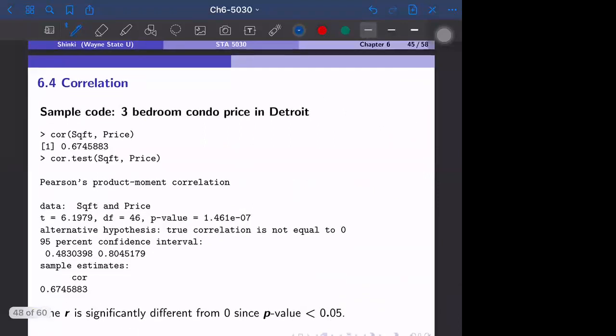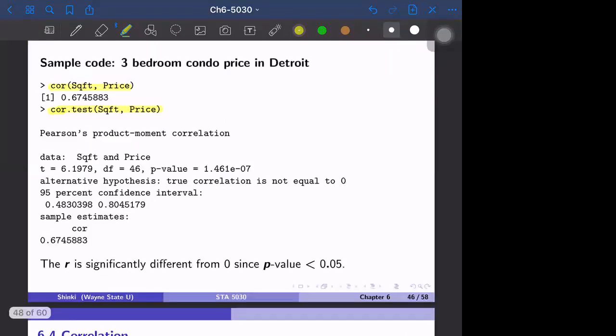This is the sample code for the condominium price in Detroit, and the correlation is actually 0.674. You can see in an earlier slide how strong the relationship is. If we test the correlation between these two, we get some numbers. This is actually not Fisher's transformation, and it uses a different test, but it returns that the p-value is very small, so it rejects the null hypothesis.